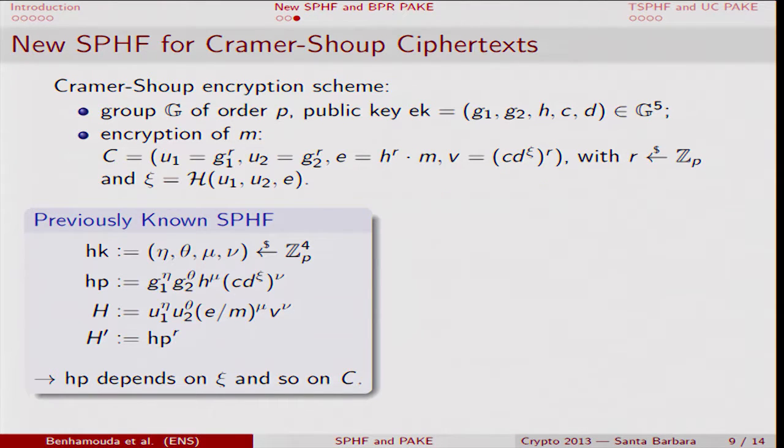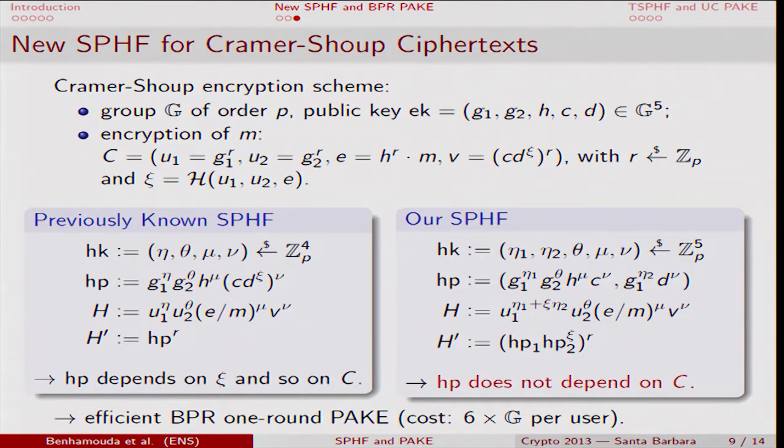But all the previously known SPHFs for Cramer-Shoup ciphertext were such that the projection key depends on psi, which is the hash value of a part of the Cramer-Shoup ciphertext. In other words, the previously known SPHF was unsuitable for our purpose since HP depends on C. In this article, we introduce a new SPHF in which HP does not depend on C, and this yields this efficient BPR one-round PAKE.